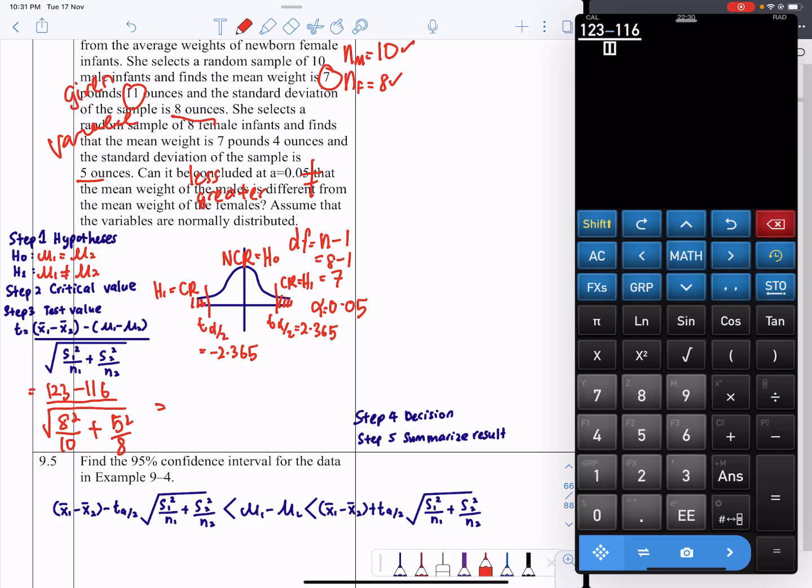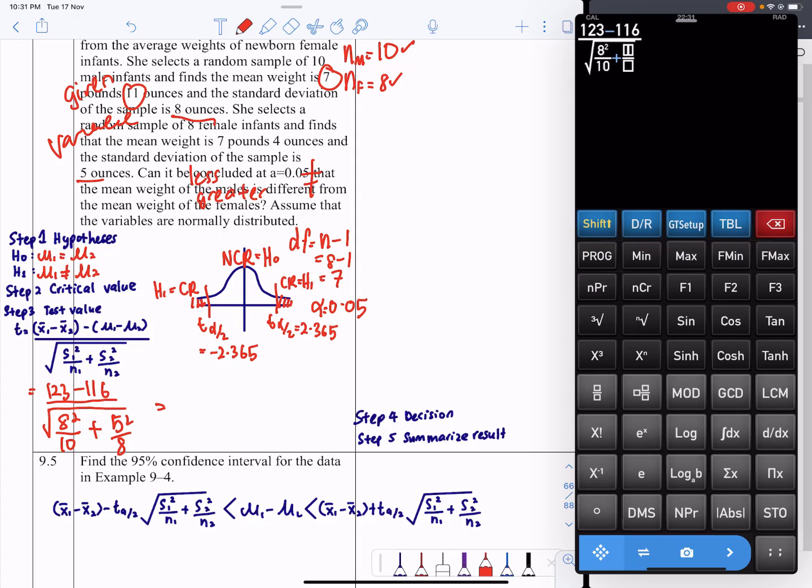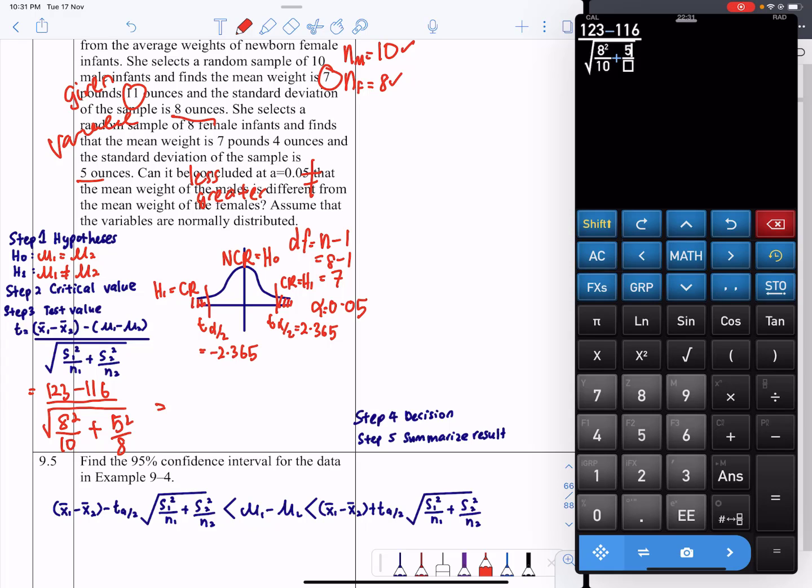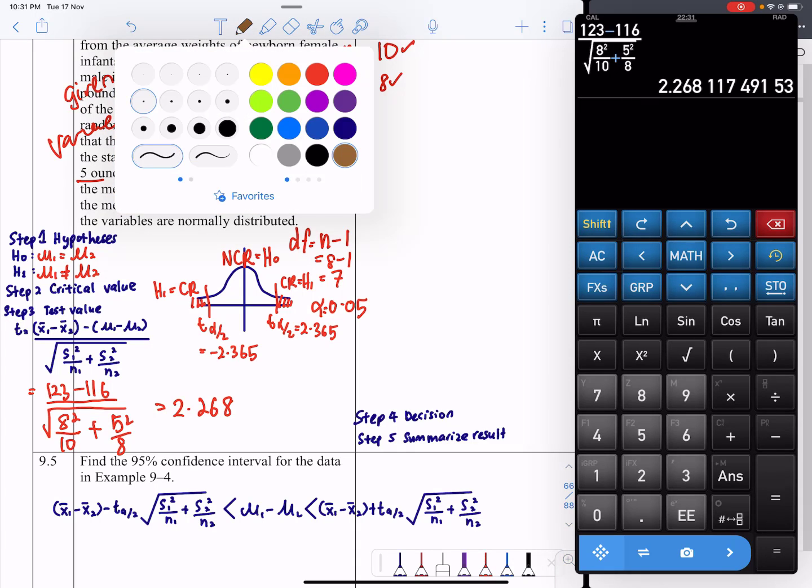At the denominator, square root, we have 8 squared, and then the denominator 10. Then we have plus another fraction, 5 squared, and the denominator 8, equals 2.268.